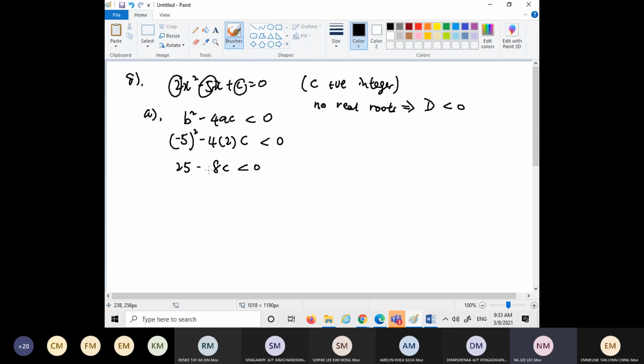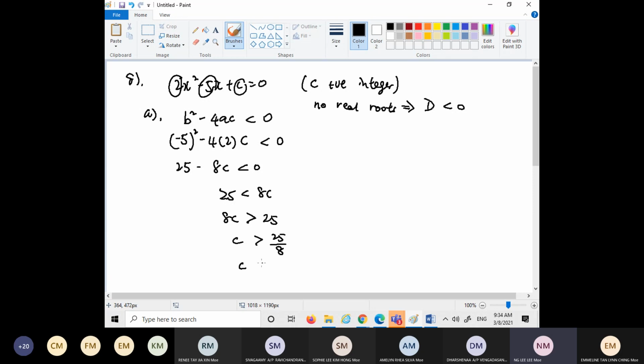Okay, then I move the minus 8c to this side. So 25, 8c. I'm going to write it this way, 8c bigger than 25. Then I move the 8 to this side, divide by 8. So now I try 25 over 8, 3.125.